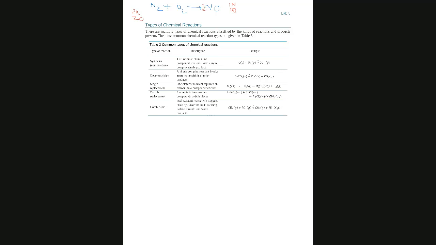But please, I've seen it so many times. Don't change the formula. I've seen people doing this. Instead of adding a 2 in front, they add a little 2 and a little 2 here.